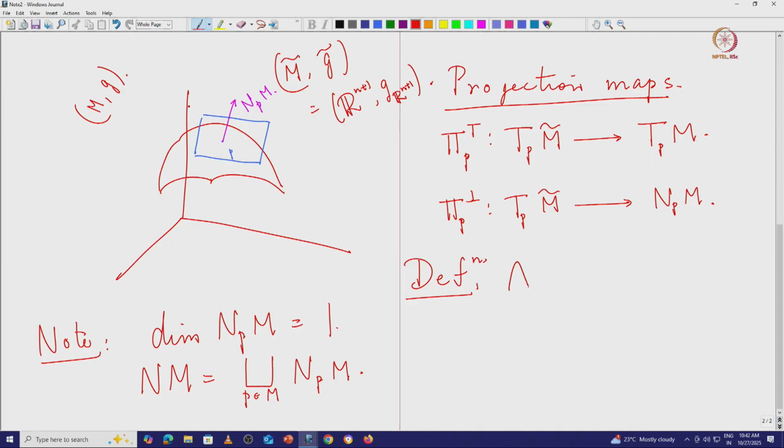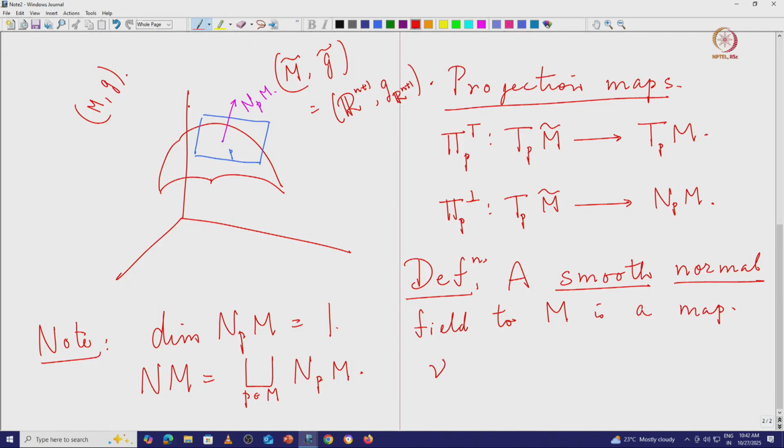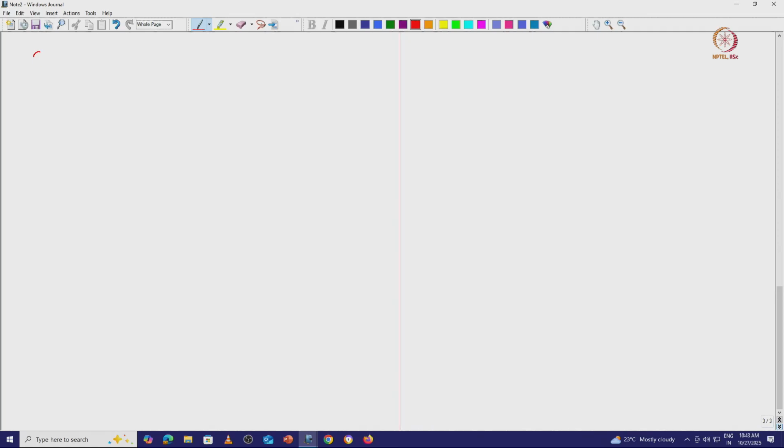Before that, I define what I mean by a smooth normal field. A smooth normal field to M is a map. I will usually denote normal vectors by nu or by capital N. This is a map from M to the space of normal vectors NM such that the following conditions hold.